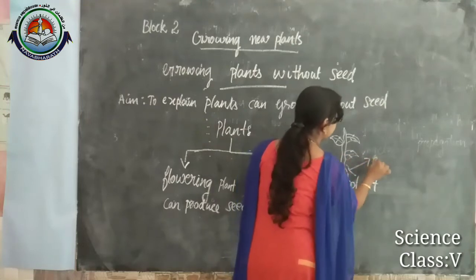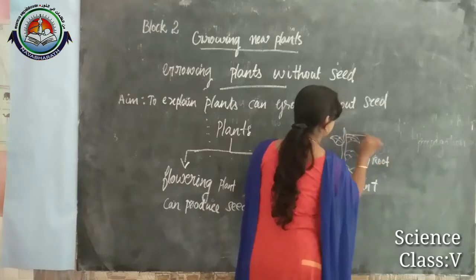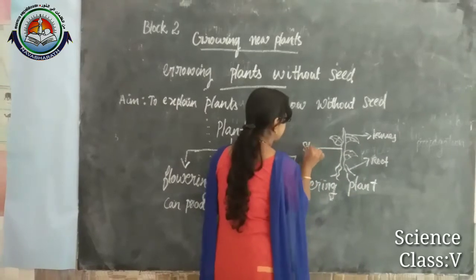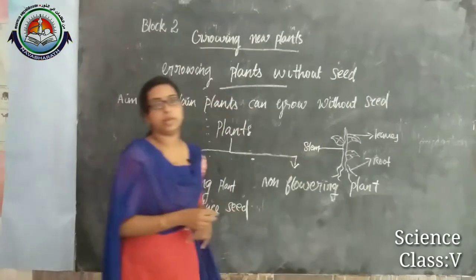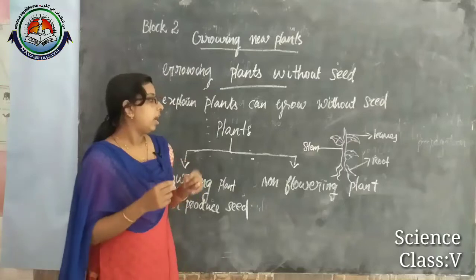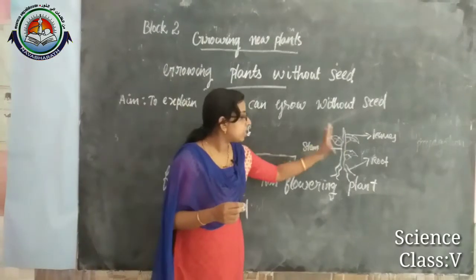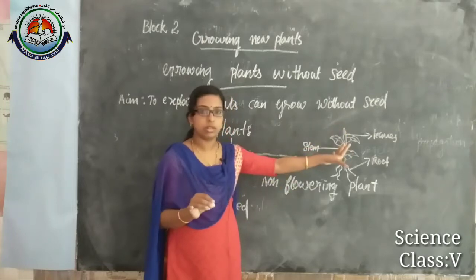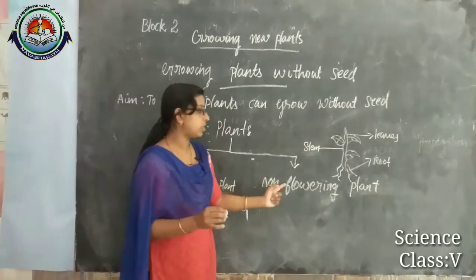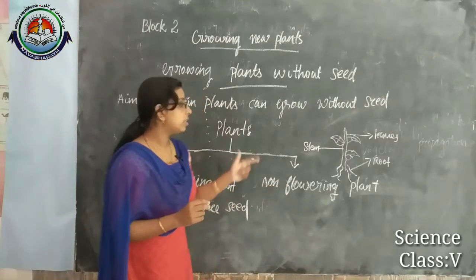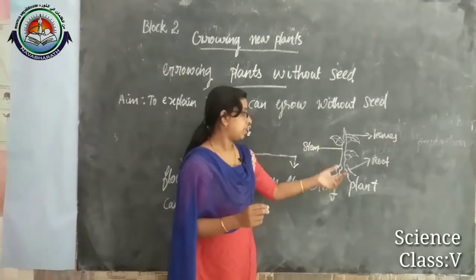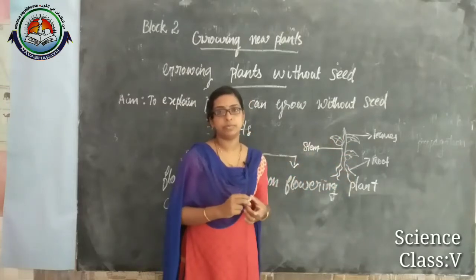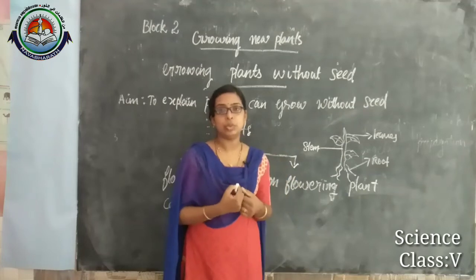Root will be present, leaves also will be present, then stem. These are the other parts. If you consider a non-flowering plant, there are no flowers in it, because now we are going to discuss non-flowering plants. In a non-flowering plant, normally we have stem, leaves and root. They have to produce the new ones.